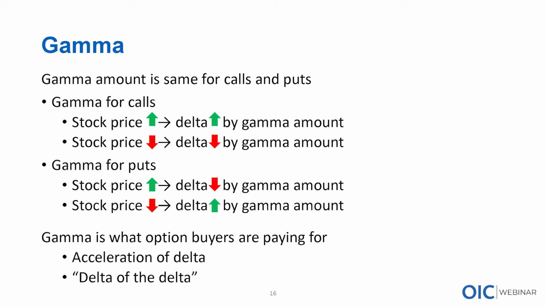Likewise for calls, if the stock price goes down, your delta will be reduced by the amount of gamma that you have. Now, the gamma for puts is just the opposite. So if the stock price goes down, your delta will increase by the amount of the gamma. And if the stock price goes up, your delta will go down by the gamma amount. So it's the speed of your delta, or the delta of your delta.